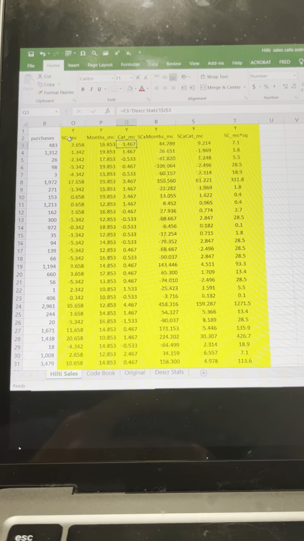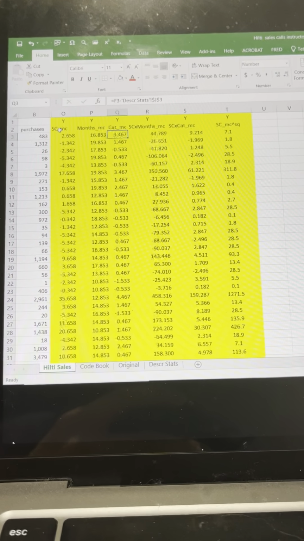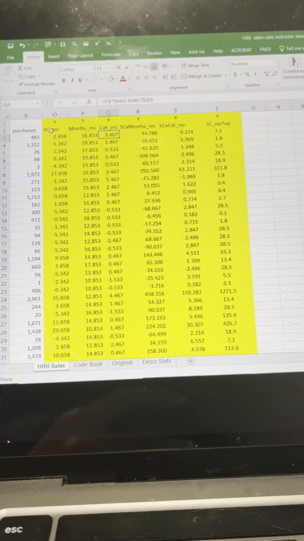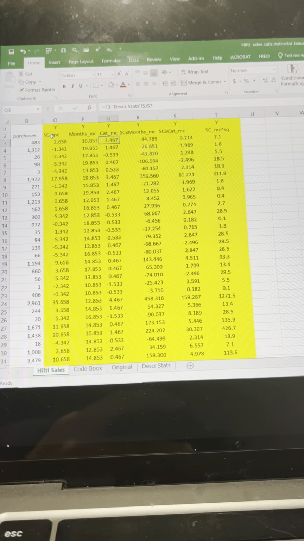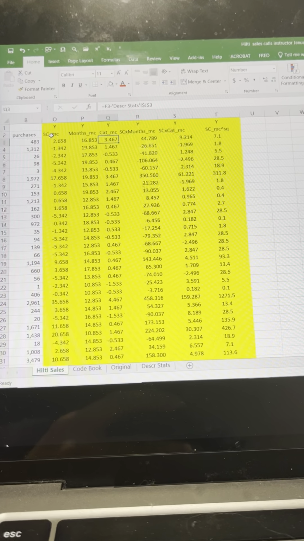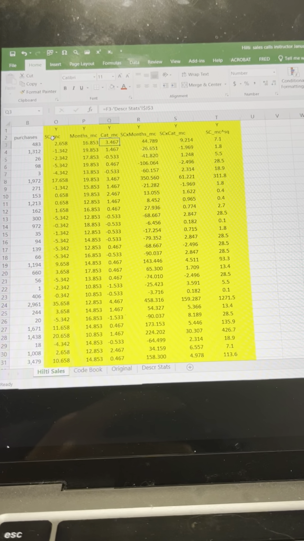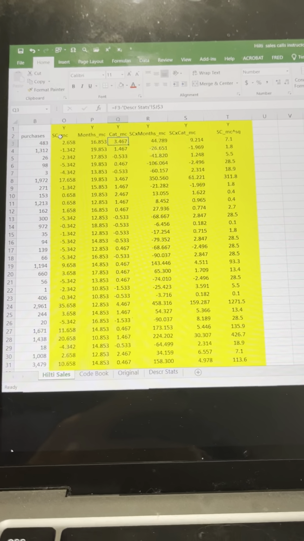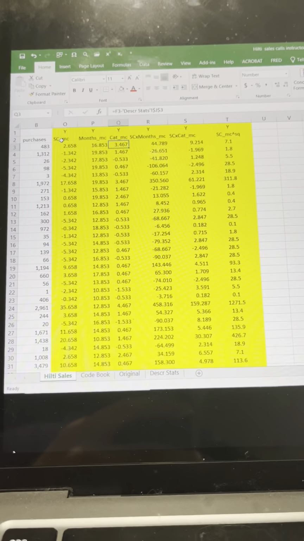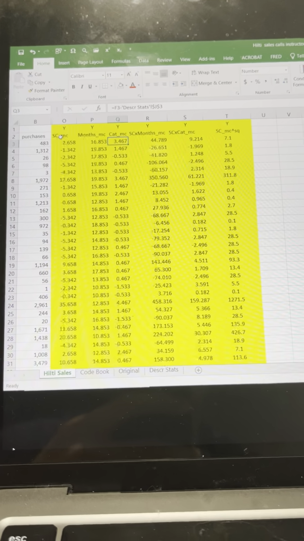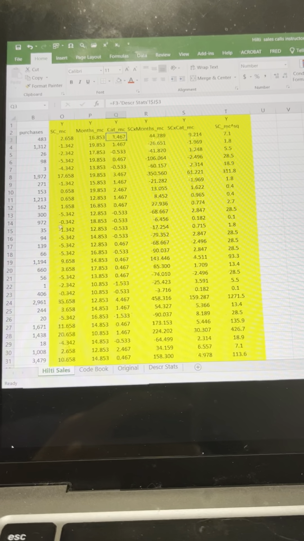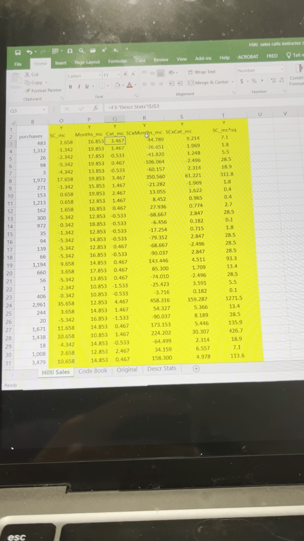So I mean centered sales calls, months, and categories, all 3 of them. So it's pretty simple. It just subtracts the average. And the term for that is center it around the mean, as opposed to center it around 0.